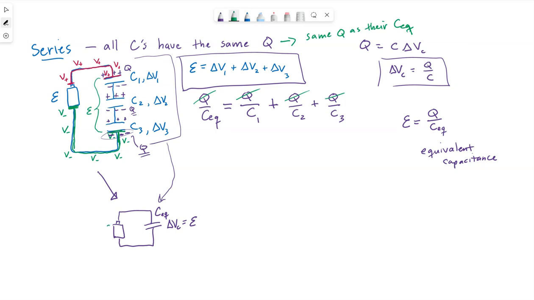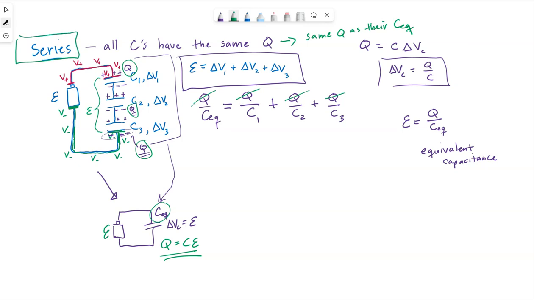Meaning, if I knew the battery voltage here and an equivalent capacitance, I could find the Q on this capacitor because it's a single capacitor, so Q would have to equal C times the battery voltage, the EMF. But this Q is the Q that each individual capacitor would have when we really have the 3 specifically in series.